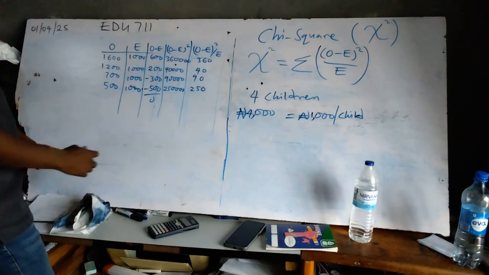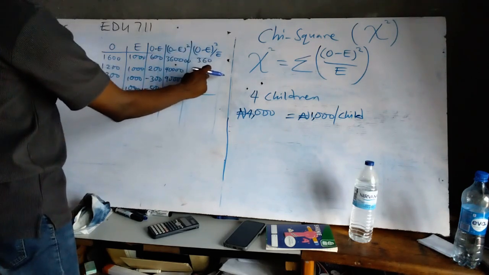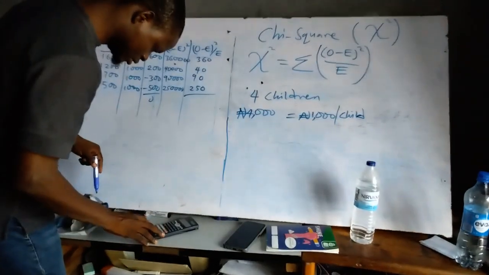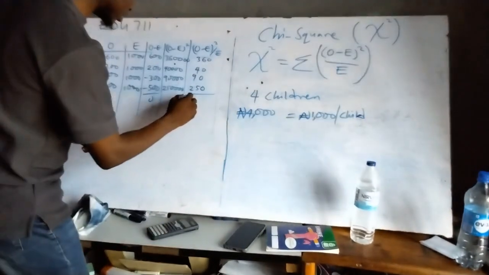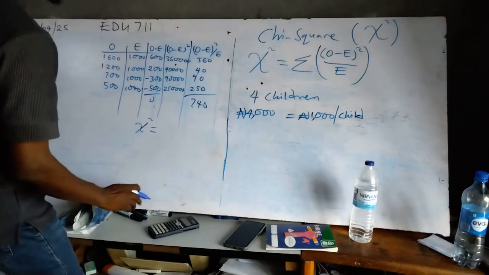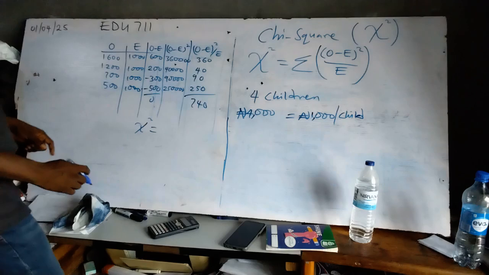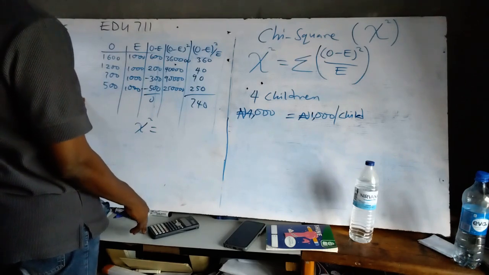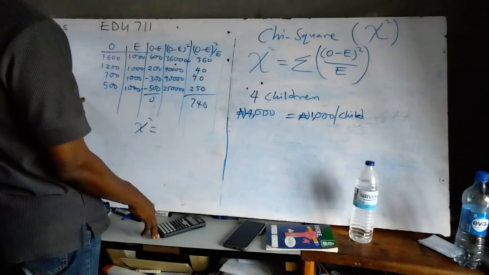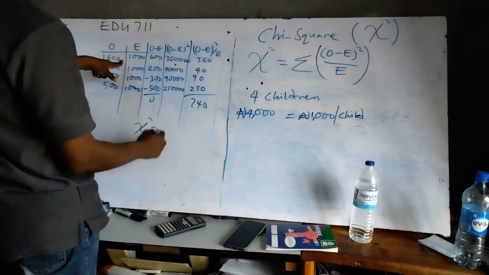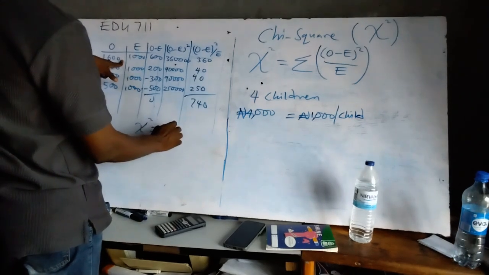So summation of this is 400 plus 90 plus 250, that is 740. So our chi-square will be equal to 740.